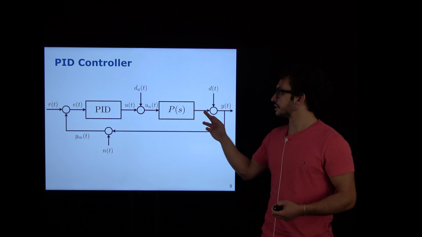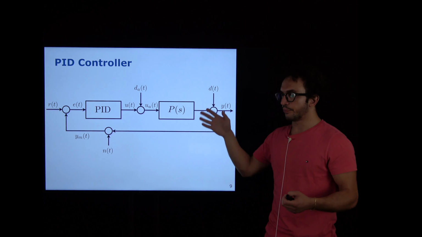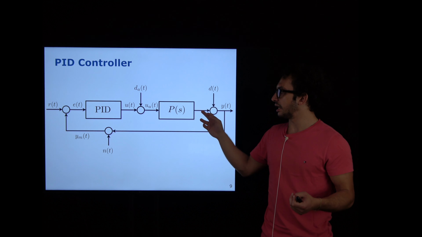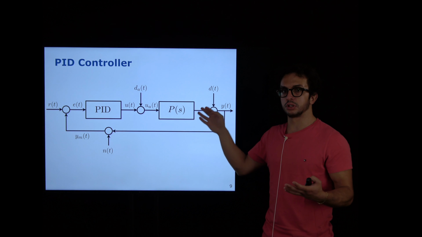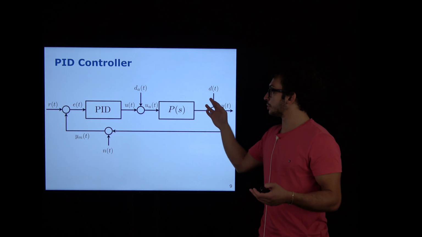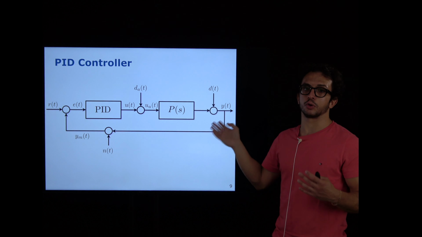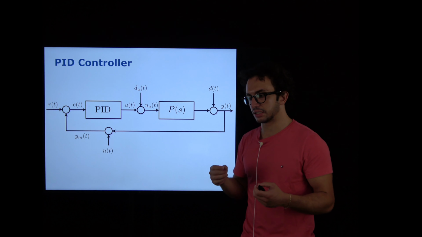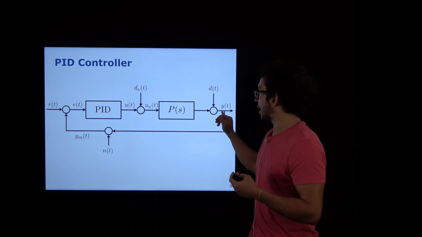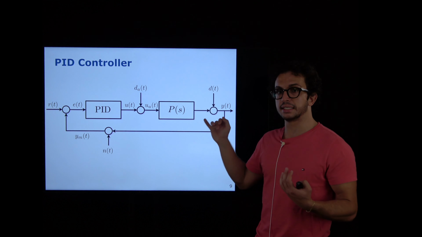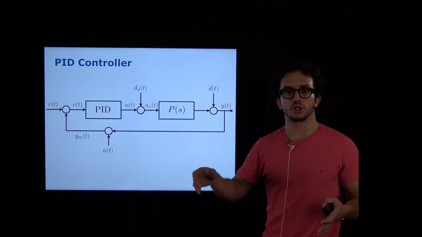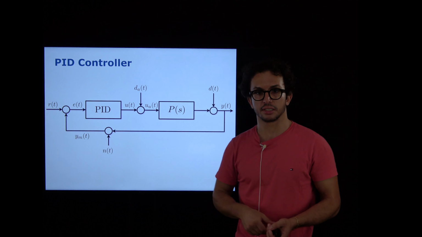This process has a certain evolution, and it gives a certain output, and this output can also be disturbed by something to get the actual output of the system. So it doesn't necessarily mean that what you have here as output is exactly the output that the system will give, because there might be some disturbance that acts on the system.